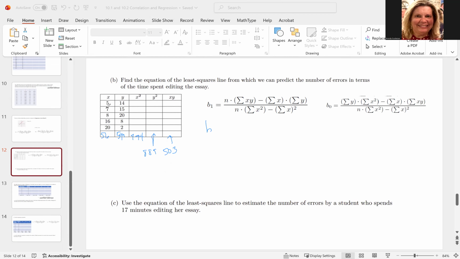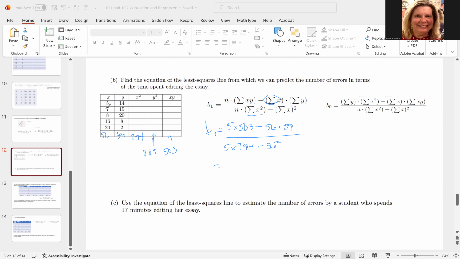So b sub 1 is n, so we had 5 data points, times the sum of xy, 503, minus the sum of x, 56, times the sum of y, 59. That's my numerator, over n times the sum of x squared, 794, minus the sum of x, 56, squared.